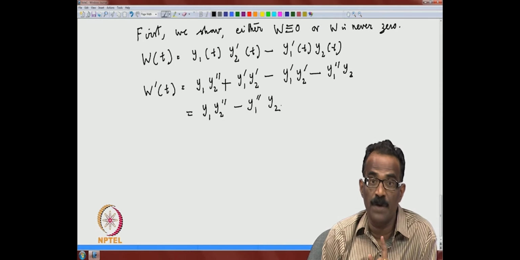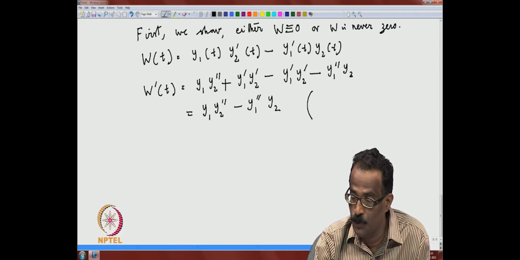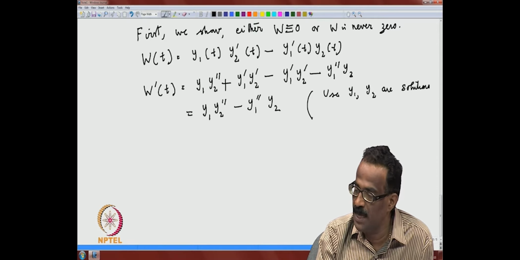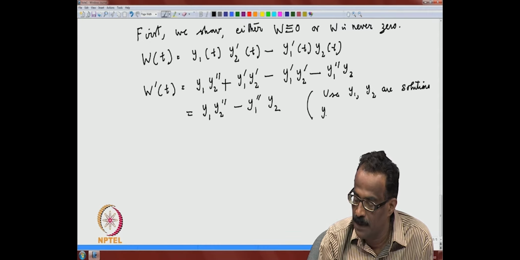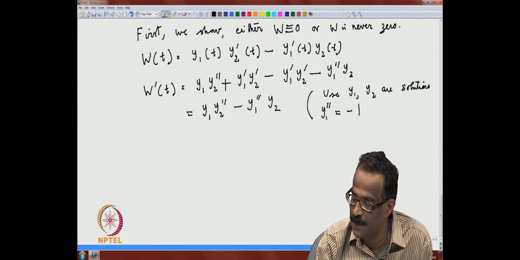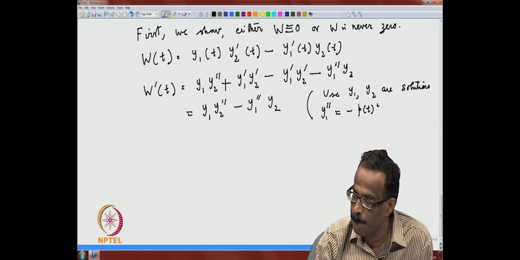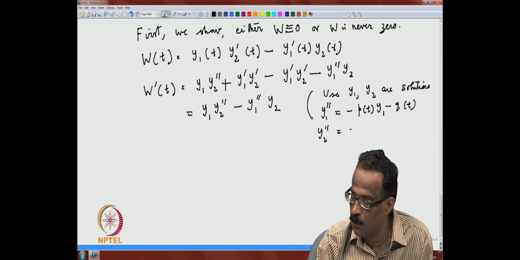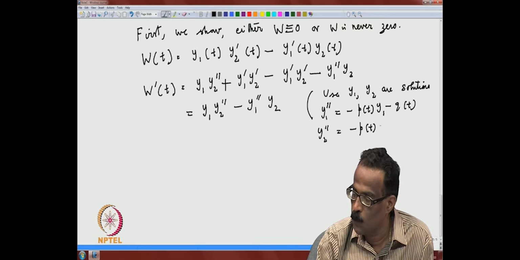Now use that y1 and y2 are solutions. If you use that fact, y1 double prime is equal to minus p(t) y1 prime minus q(t) y1, if you take it to the right side, and y2 double prime is equal to minus p(t) y2 prime minus q(t) y2.